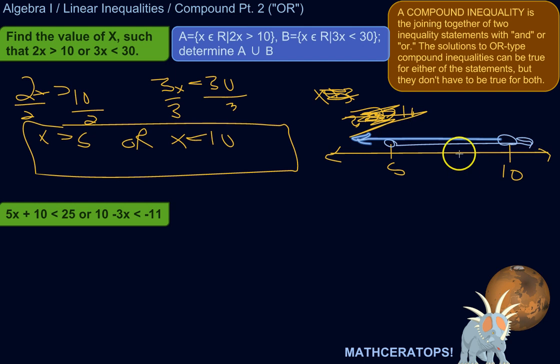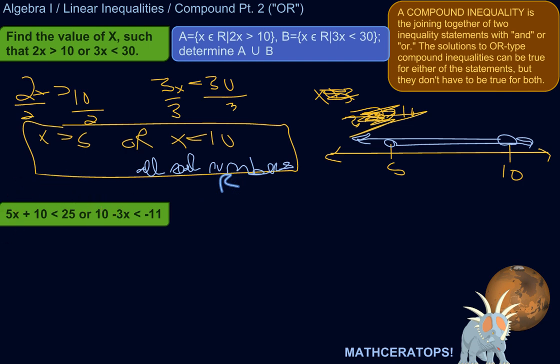Actually, these overlap, so any real number would count. If it's in the set less than 10 on down to negative infinity, or greater than 5 on up to positive infinity, it counts as a solution. So really, you could say x is greater than 5 or x is less than 10, or you could say all real numbers, because it turns out these overlap. Or just capital R.